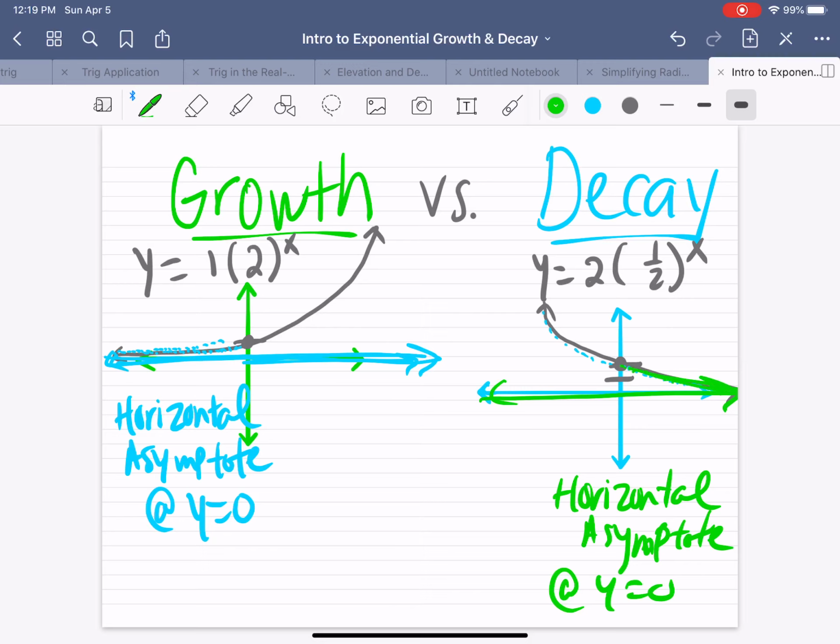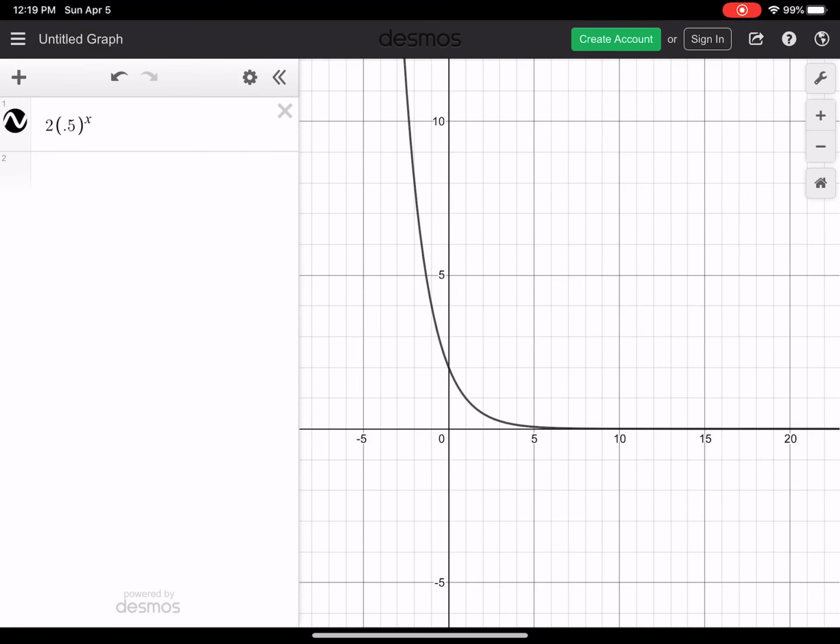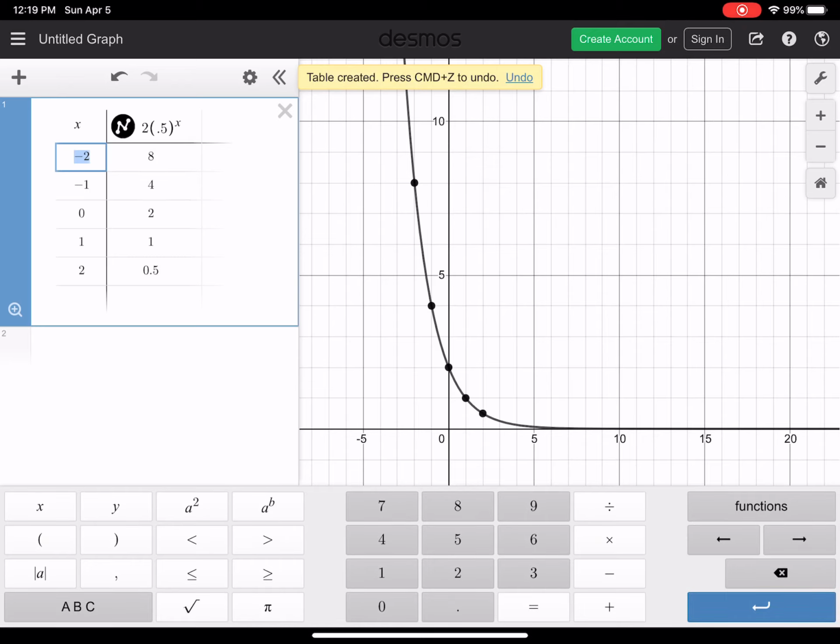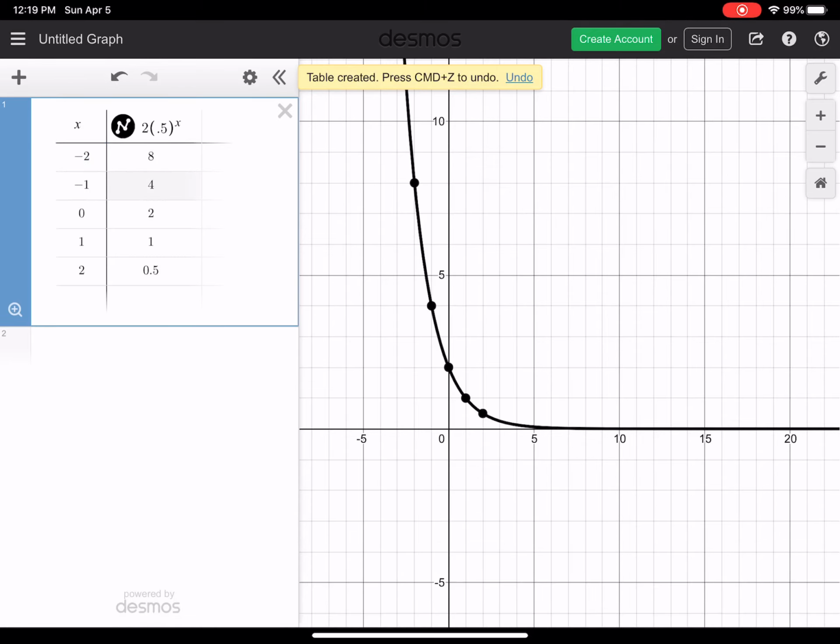So let me show you guys the table for this problem so it can make more sense to you. Here was the exponential decay problem, and here is the table real quick.